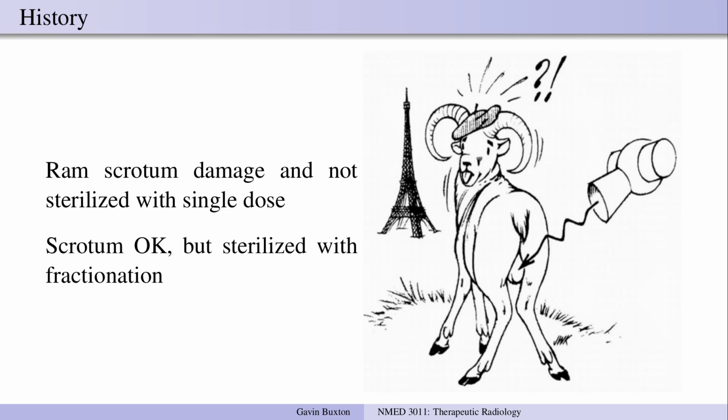The same dose over multiple fractions still sterilized the poor ram, but now it was possible to do so without damaging the skin. The testes are acute responding tissue and can be compared to the tumour in radiotherapy, while the skin is the late responding normal tissue. However, much has changed since then.